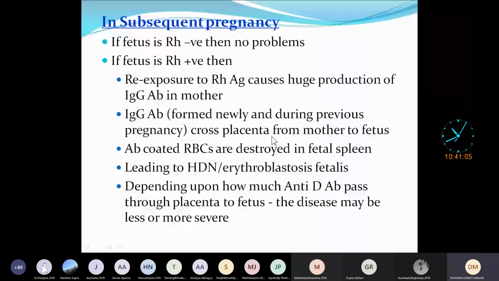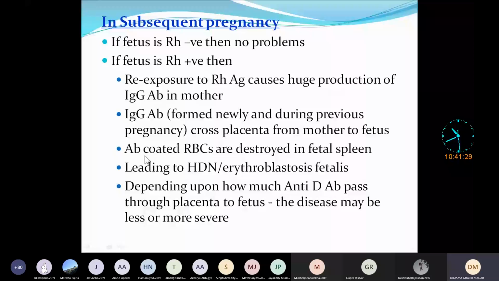So here it's interesting. These immunoglobulin G antibodies are formed newly during the previous pregnancies. They will cross the placenta from the mother to the fetus. And now these immunoglobulin G antibodies are coated on the RBCs, and these are destroyed in the fetal spleen.